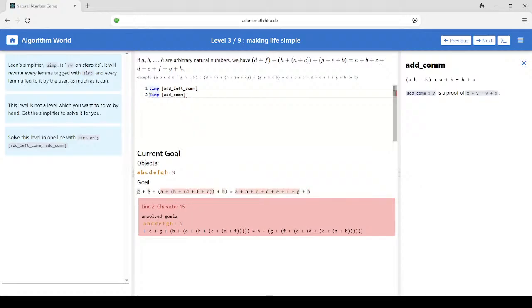Whoa. What happened now? If I do it on a second line, everything falls apart. Well, I messed up everything on both sides.